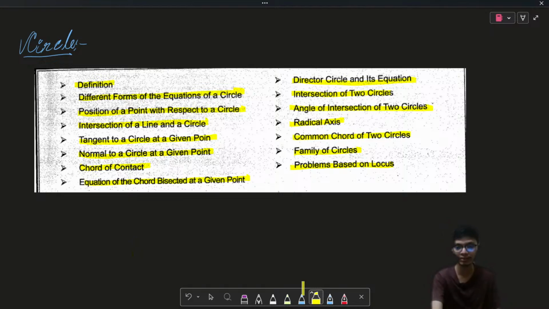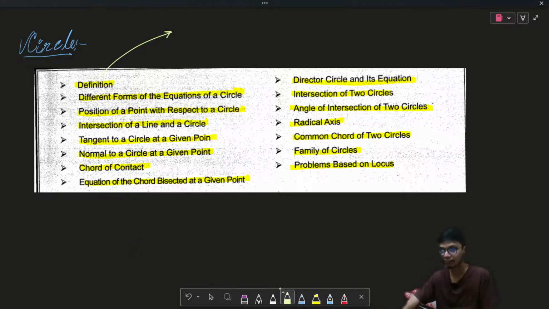With that being said, let's get started with understanding the definition of a circle. We have already seen that a circle is a figure which has a fixed distance from a fixed point.